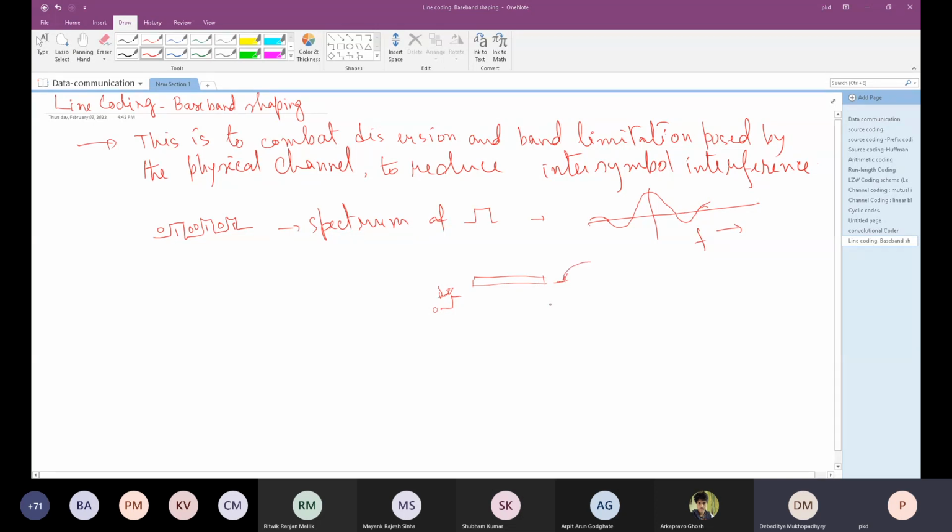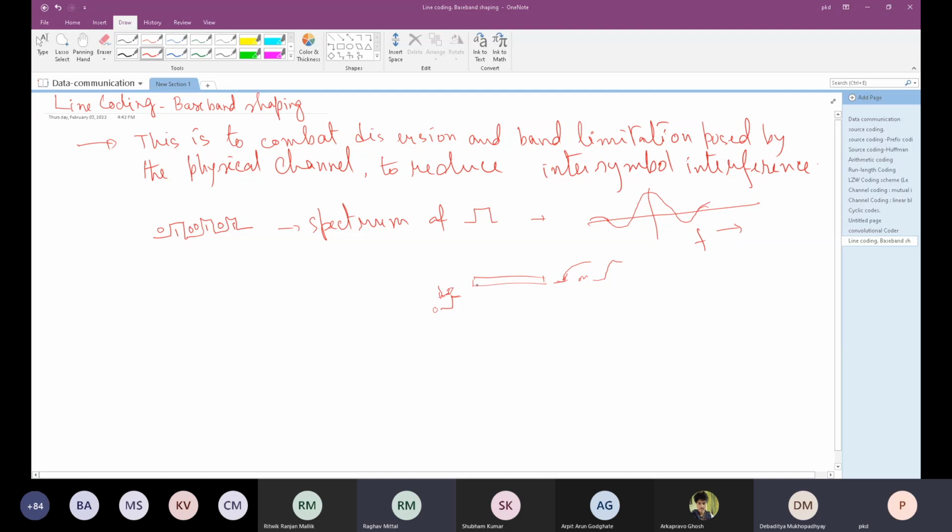It may happen like this in extreme cases. Most of the cases it will be a little better than this, of course. So the rise front may change.